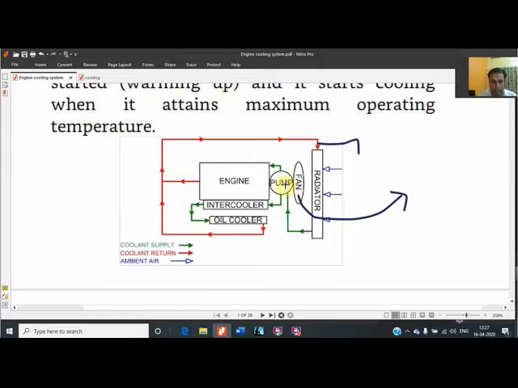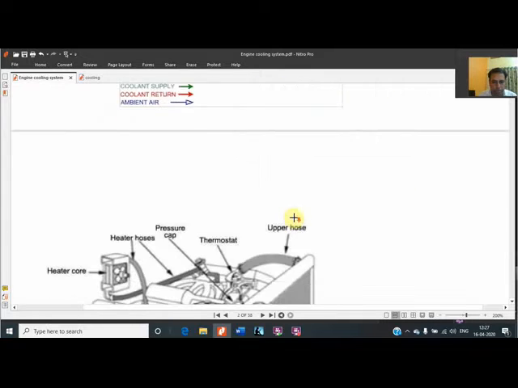After cooling, the coolant goes into the engine cylinder, in the water galleries and water jacket galleries, and a certain amount of coolant goes to the intercooler if the engine is turbocharged, and certain coolant goes for cooling the lubricating oil. Again, the heated coolant from the engine and from both the systems combines and goes to the radiator. So this is the complete system.